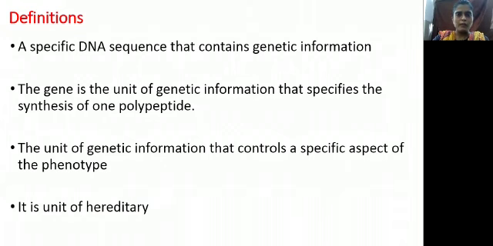So gene has information which codes for protein, and finally it produces phenotype. Thus, as it controls phenotype, as it is a hereditary material, it has genetic information, it is called unit of heredity.